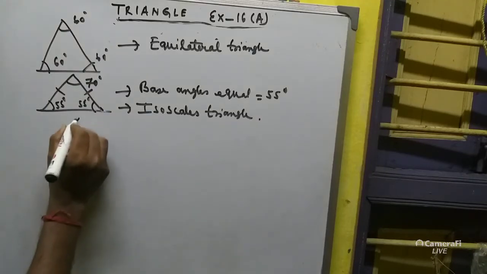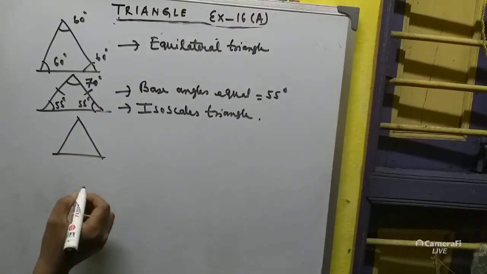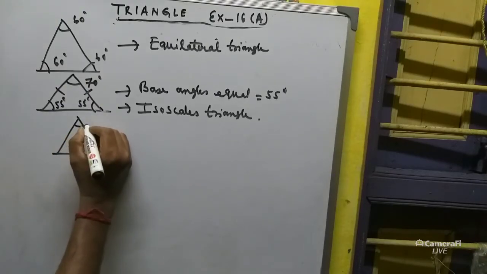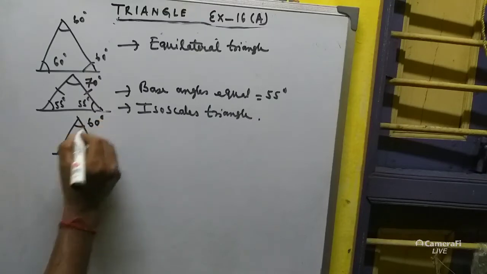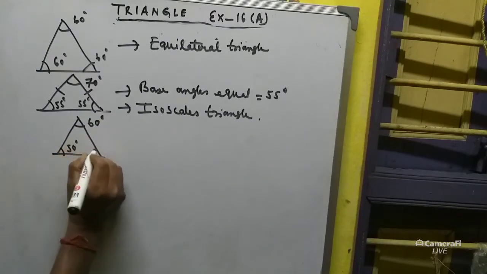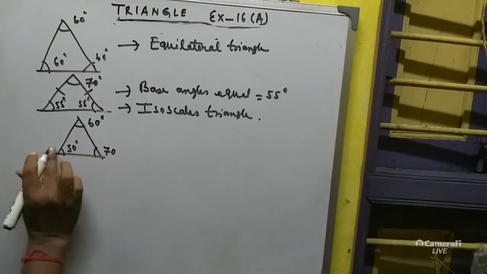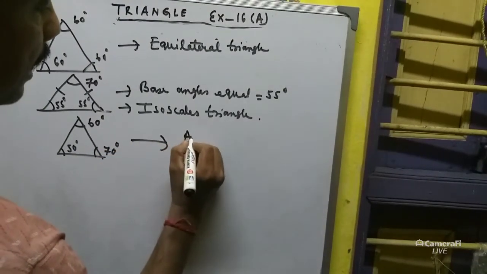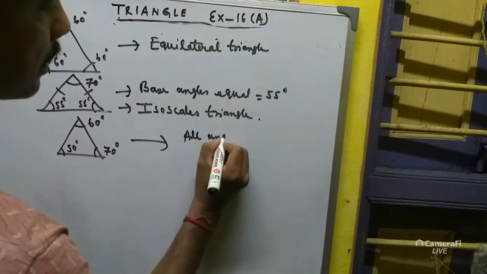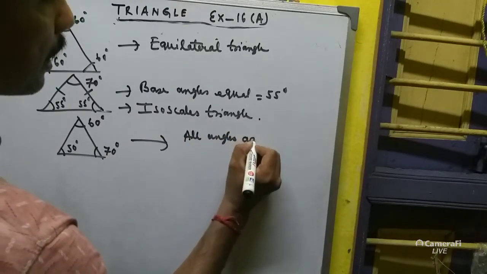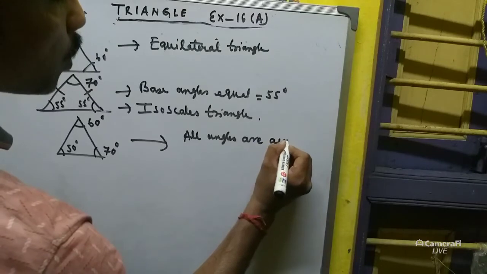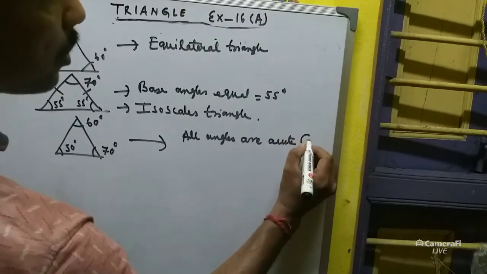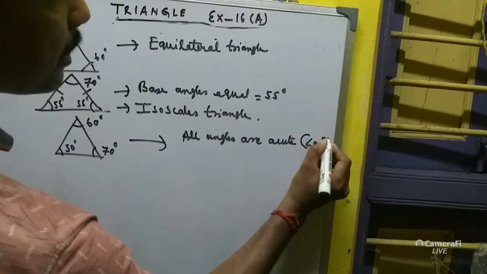Next one, I will draw this triangle. This is 60 degrees, this one 50 degrees, this one 70 degrees. So all angles here are acute, less than 90 degrees.